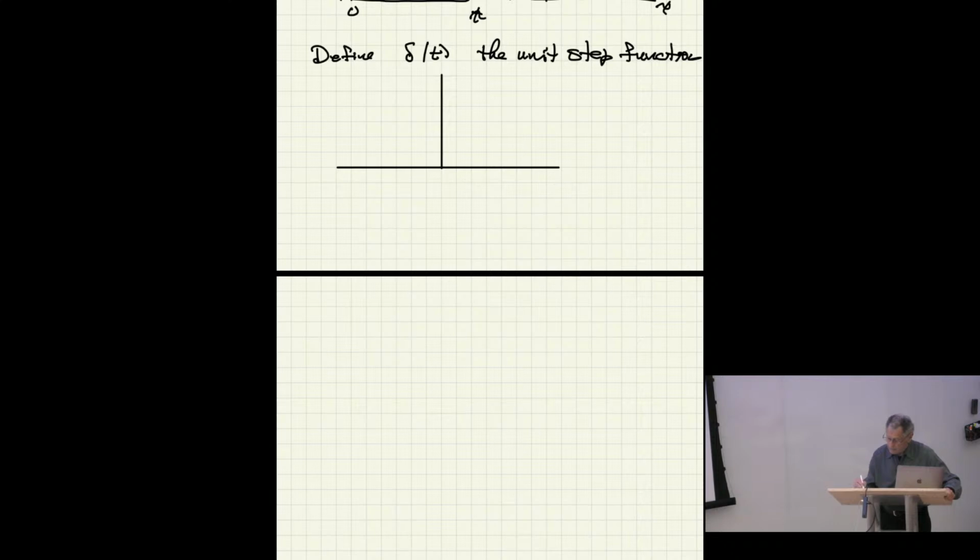Versus t. I'm going to plot delta of t. It is 0 up until 0, then it jumps up to 1. That's why it's called unit step.